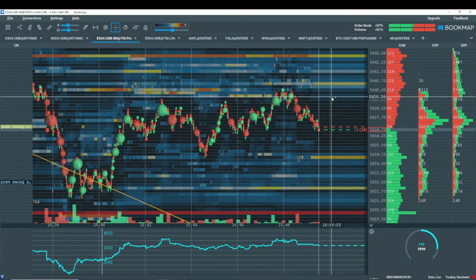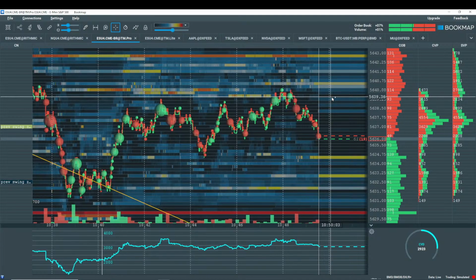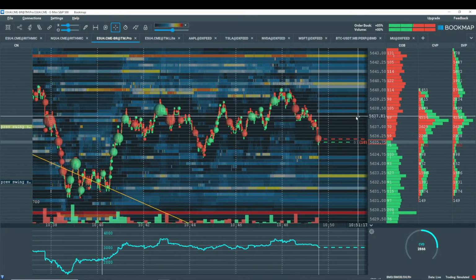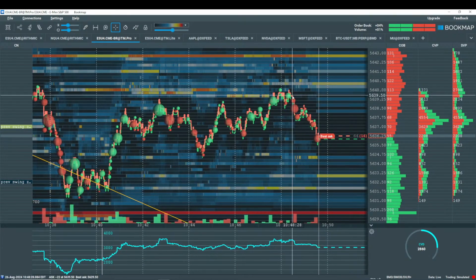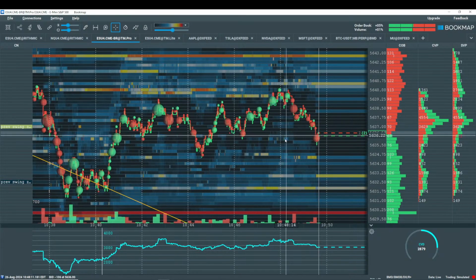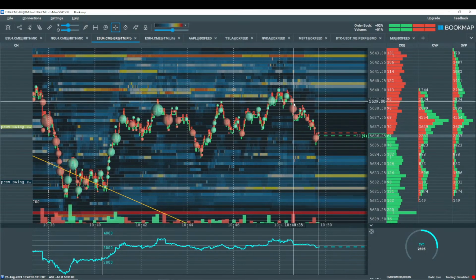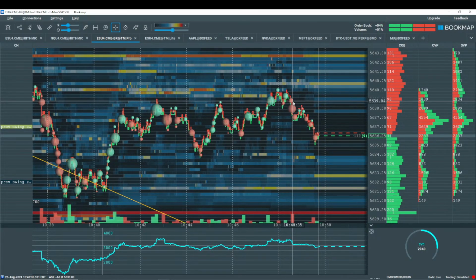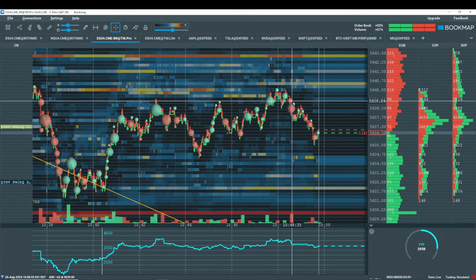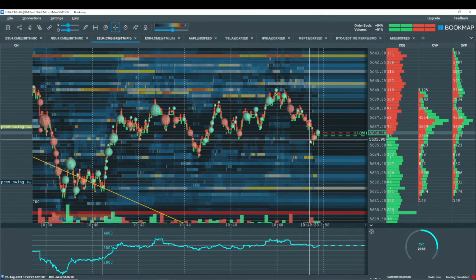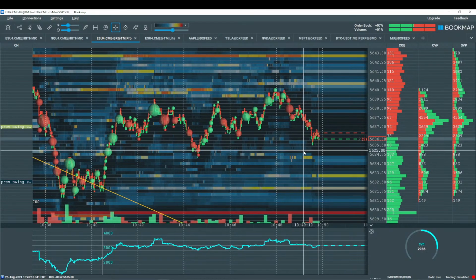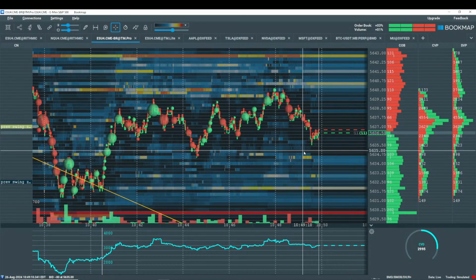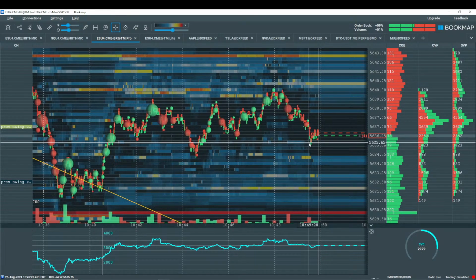Okay, we're going to get our answer here pretty quickly, I think. I'm still looking for another retest back up here, to be honest. There's some exhaustion.